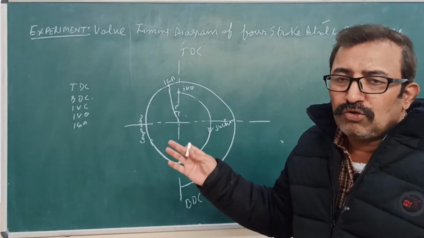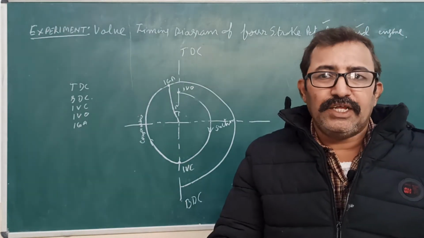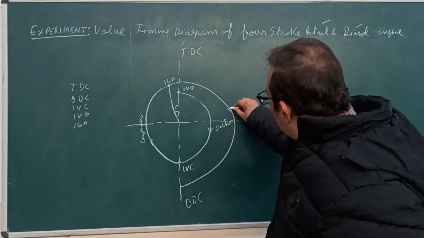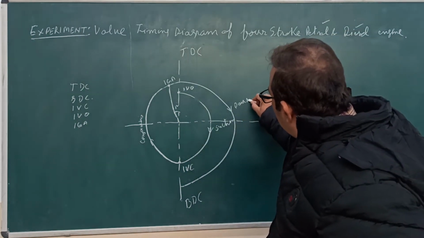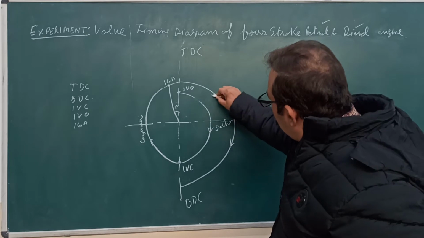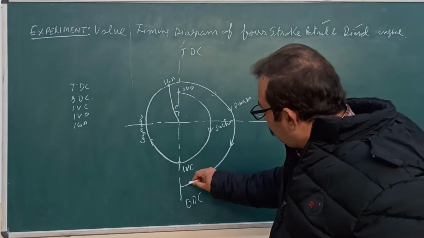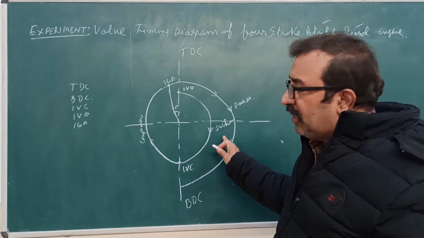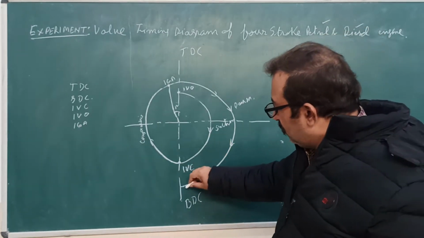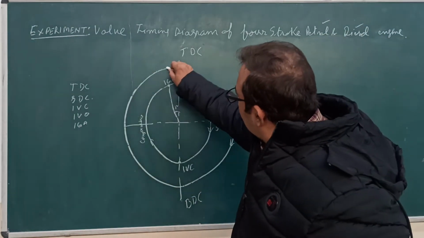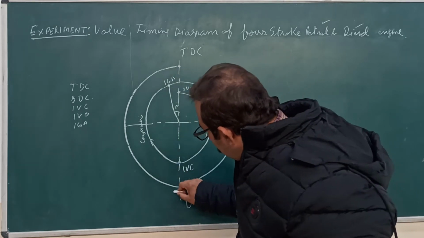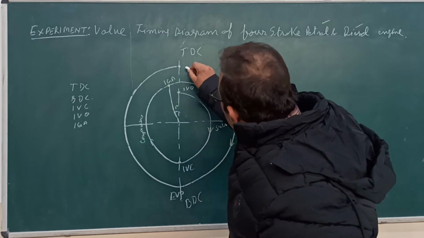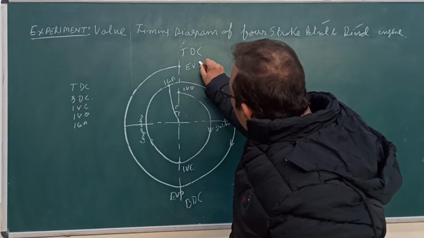After giving spark to the air and fuel mixture, compressed air and fuel mixture with high pressure gives us the power. This is called power stroke. Both the valves are closed in compression and in power stroke. Exhaust valve open, exhaust valve closed.